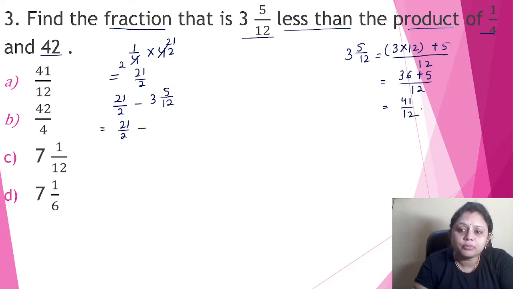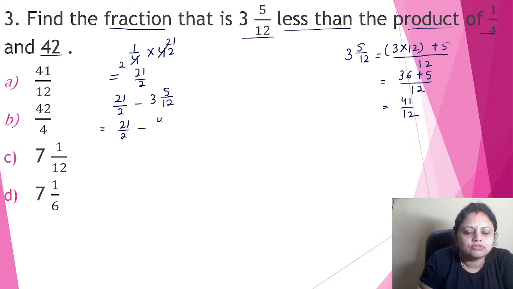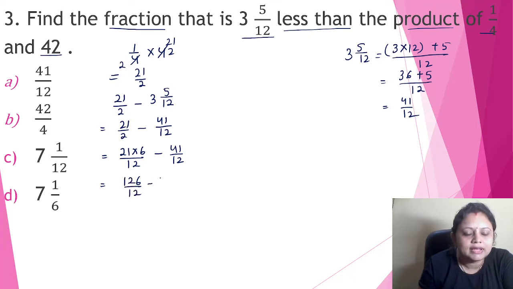So it is 21 by 2 minus 41 by 12. The LCM will be 12, so 2 into 6 is 12. So it is 21 into 6 by 12 minus 41 by 12, that is 126 by 12 minus 41 by 12, that is equal to 85 by 12.